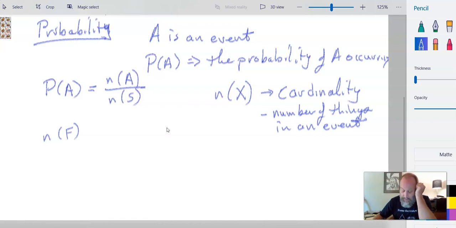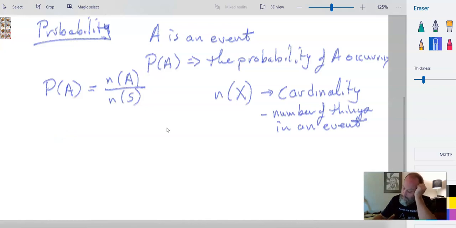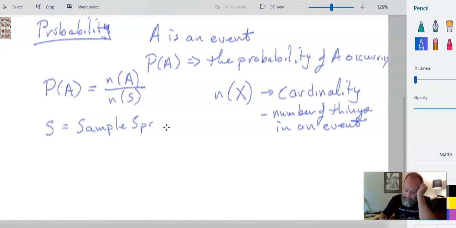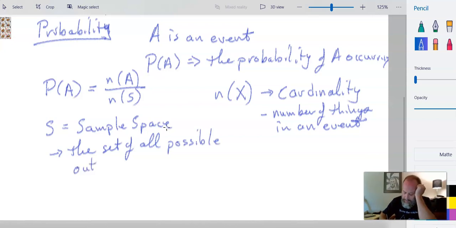If we know that, the only thing we further have to figure out is what S is. Now S is pretty universal at this point. It's called the sample space. The sample space is the set of all possible outcomes of a procedure.